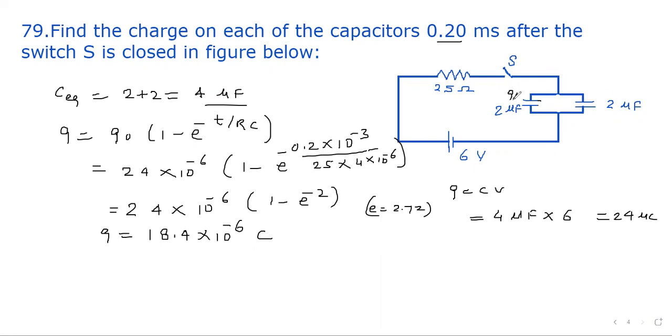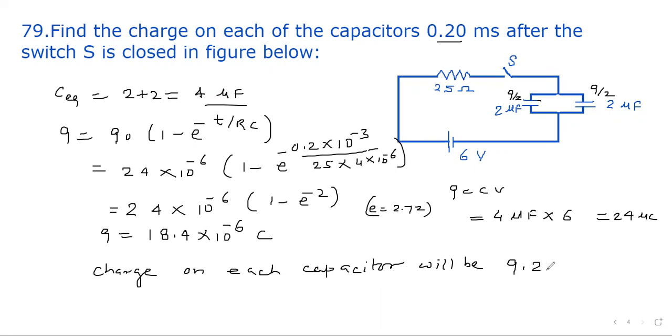So here the charge will be Q by 2, and here the charge will be Q by 2. That is, the charge on each capacitor will be 18.4 divided by 2, that is 9.2 into 10 to the power minus 6 coulomb. That is our answer. Thank you for watching.